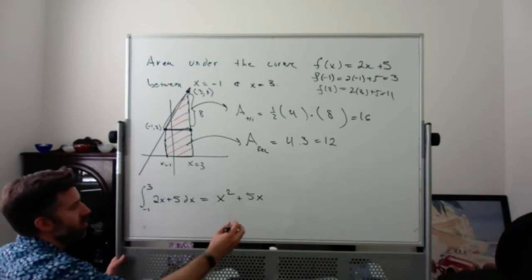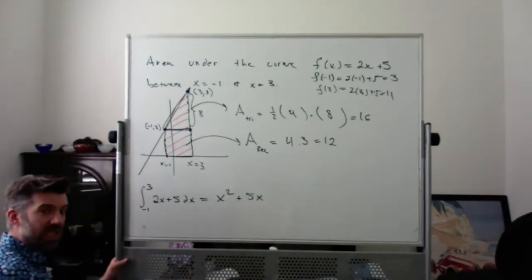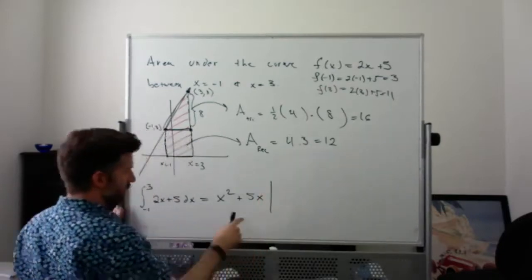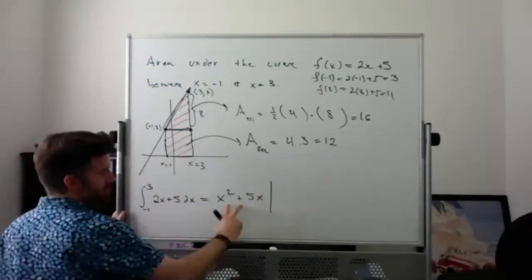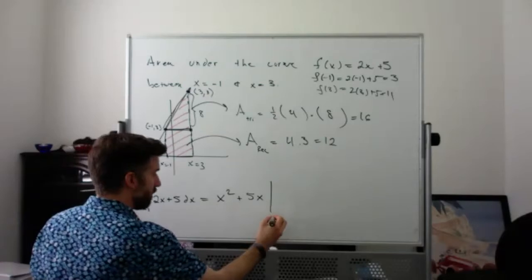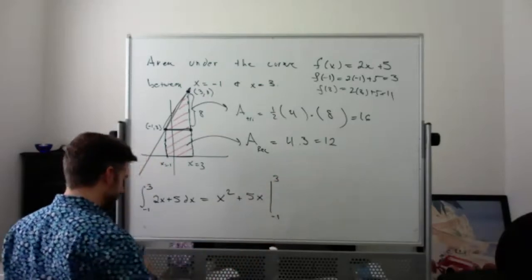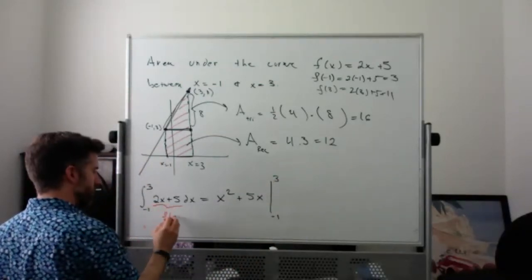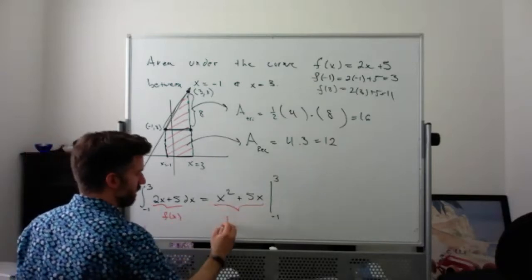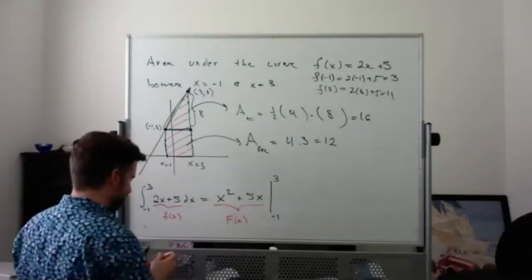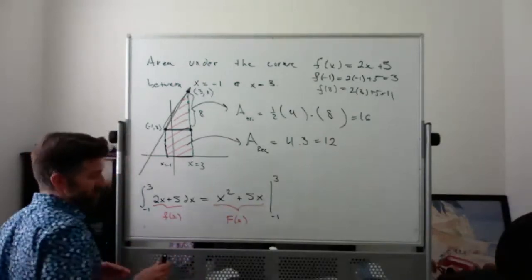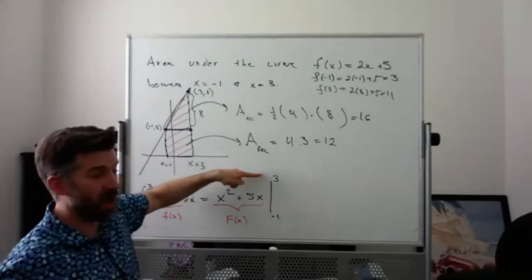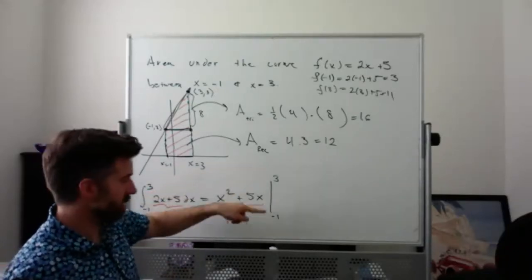And then, although I could write a plus constant here, I don't actually need to. So I like to write it like this. We're going to evaluate this antiderivative between -1 and 3. This is the function, this is the antiderivative, and then we plug in the limits of integration. I'm going to remind you often, it's always the top one first minus the bottom one second.